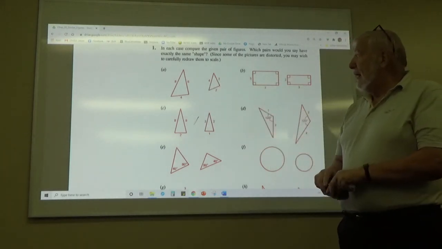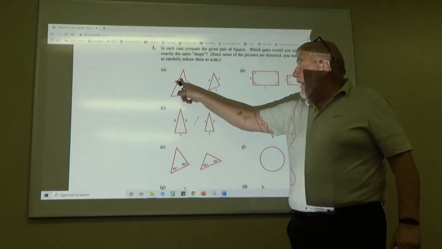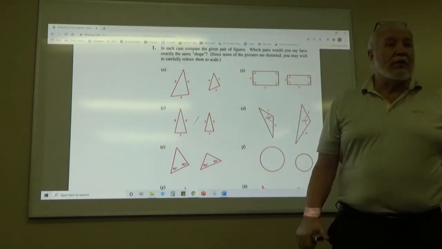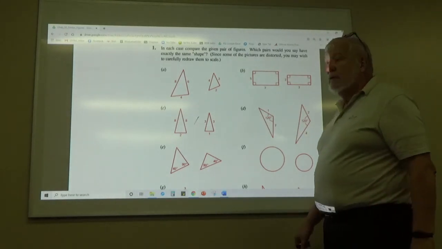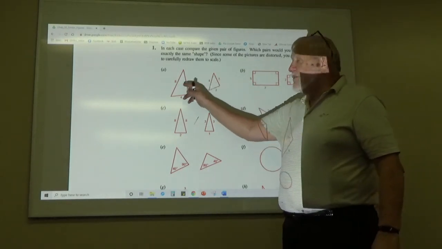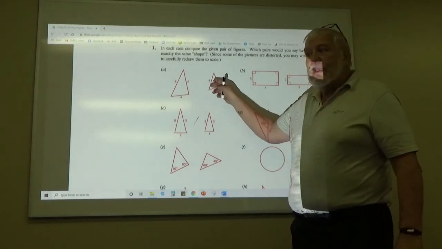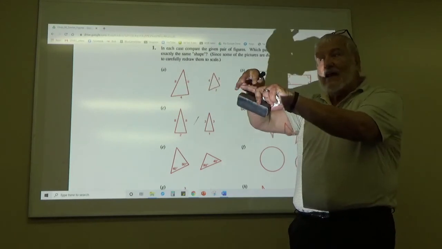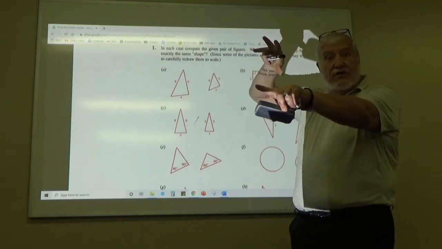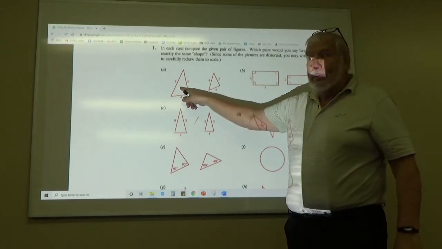Is there a multiplier that I can multiply this by that gets me this for every one of those sides? What is it? 2. It's 2. Therefore, these are similar figures because all of these multiplied by 2 would give me this.